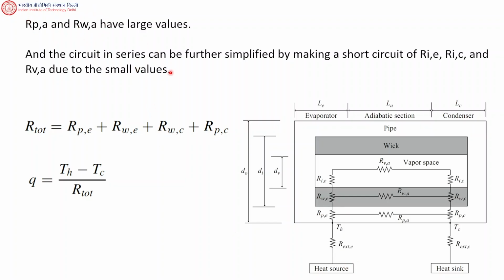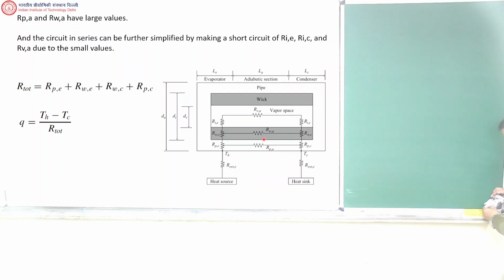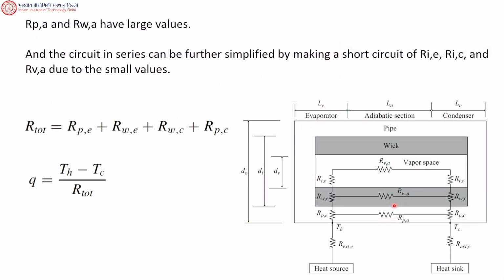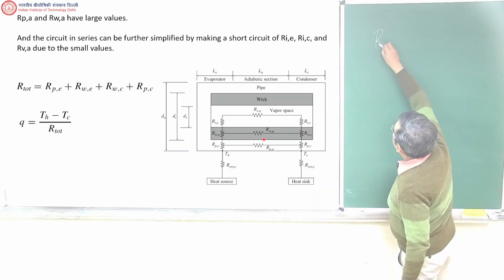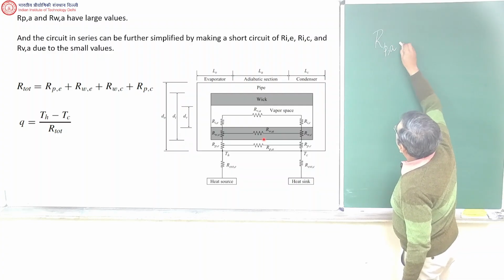Now, RPA and RWA, what are those? RPA is this resistance and RWA is this resistance. So why do we write this RPA thing? RPA, okay.